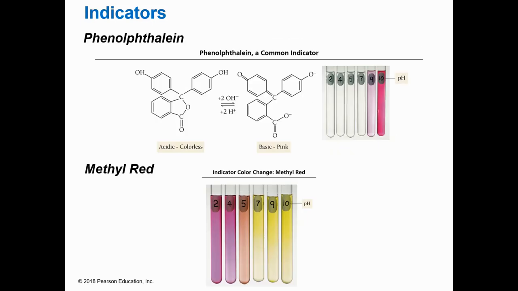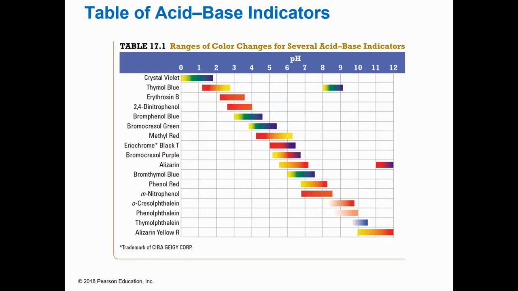Okay, so here's just some indicators. We almost always use phenolphthalein, again, because of the color blindness. It's the easiest to see. The methyl red is not as easy to see if you're colorblind or have some degree of color blindness, because that middle number, that orangey, is kind of hard to read. Okay, and here's a whole table of indicators.